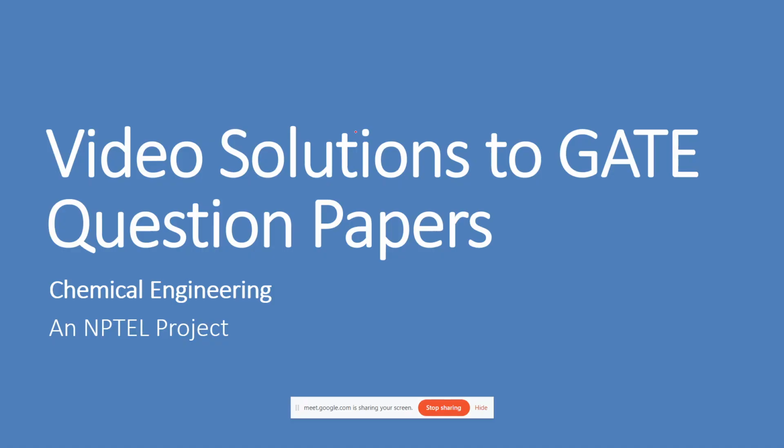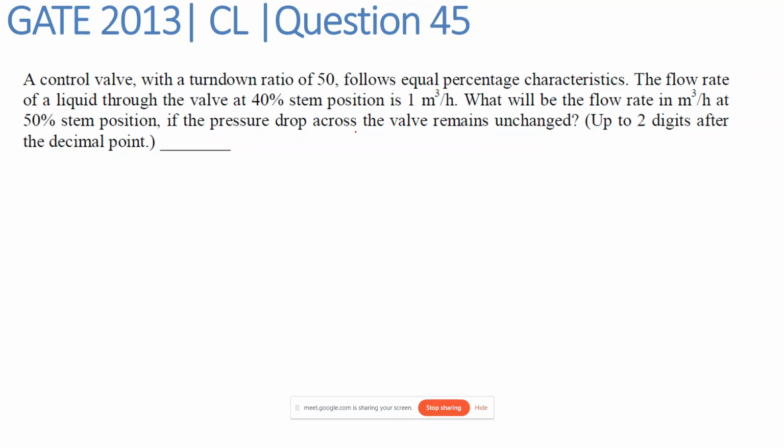Now, let's take a look at this question. This is question number 45 from GATE 2013. We have been given that a control valve with a turn down ratio of 50 follows equal percentage characteristics. The flow rate of liquid through the valve at 40% stem position is 1 meter cube per hour. What will be the flow rate in meter cube per hour at 50% stem position if the pressure drop across the valve remains unchanged?